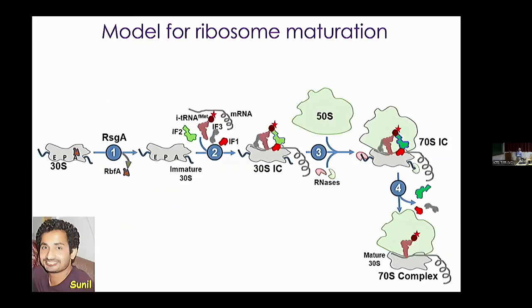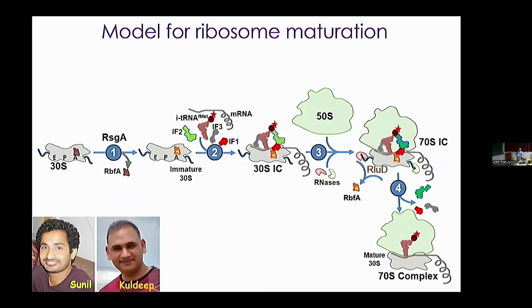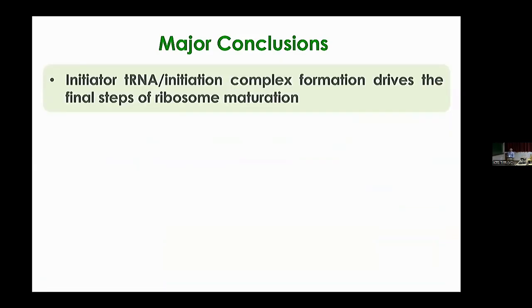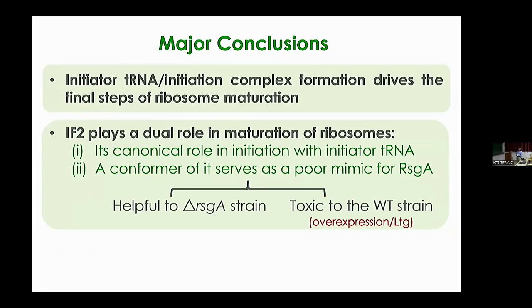So finally, what we think is happening here is the original story of Sunil, then Kuldeep coming up with the idea of RBFA being removed here by RLUD, and then Sudhir coming up with the picture that if you don't have RSGA, actually IF2 would also do this job. So these are the major conclusions: initiator tRNA formation drives the final step of ribosome maturation.